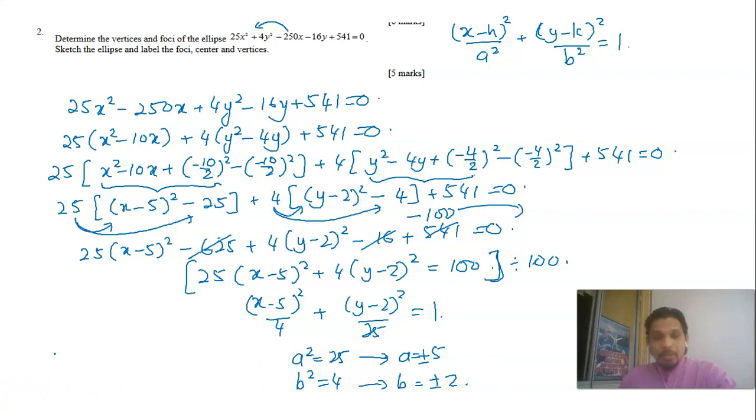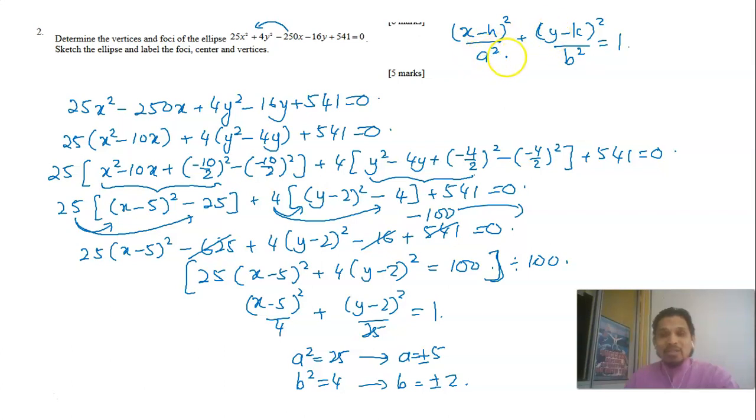Okay, so I did mention, let me re-explain here. In some books, it is stated that a is under x and b is under y, whether a is greater than b or b is greater than a. In one other version, they stated that a is always greater than b, and a can be below x or below y.